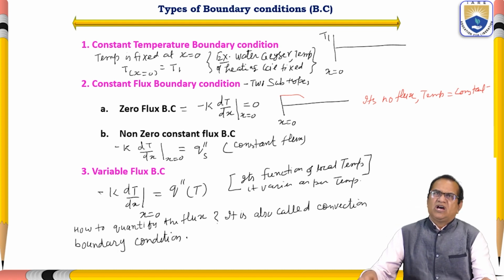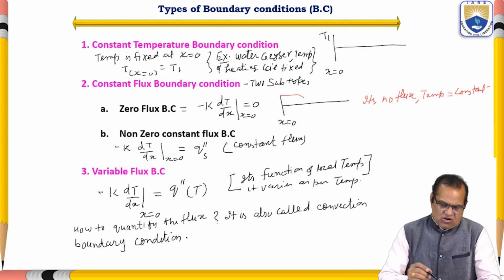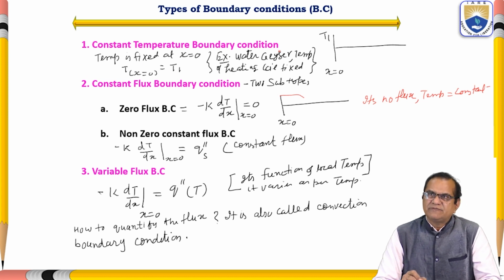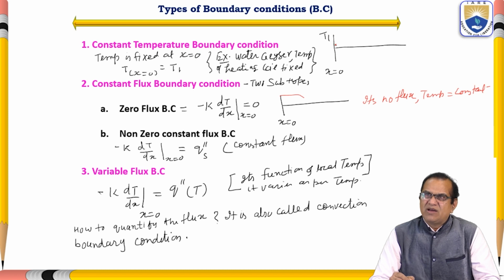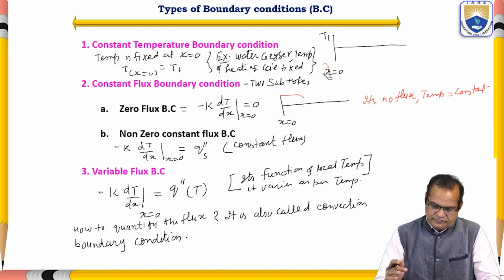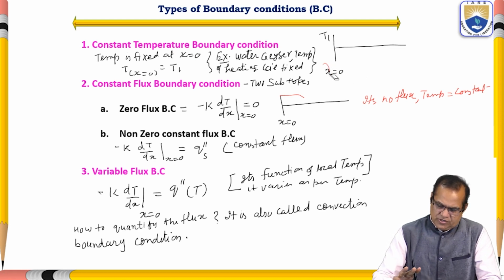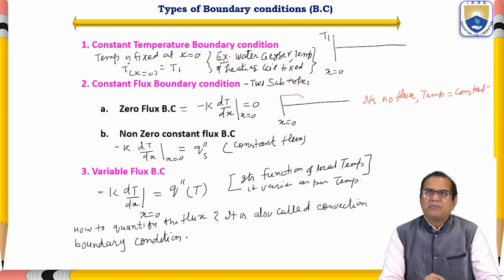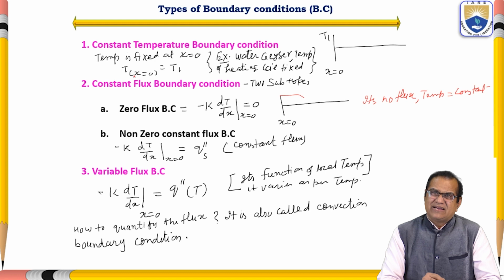So the first condition is the constant temperature boundary condition. You can see this diagram here. T1 is the temperature, a constant at x is equal to 0. So temperature is fixed at x is equal to 0, T at x is equal to 0 is equal to T1.